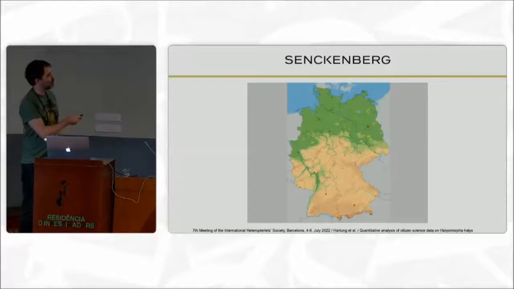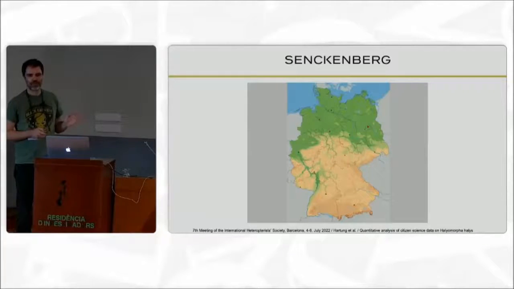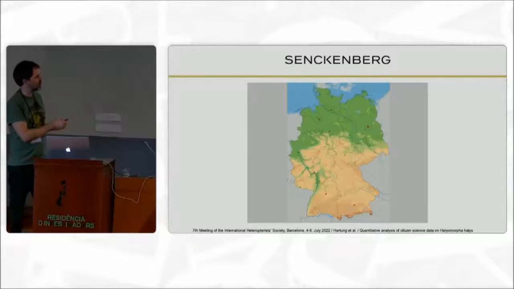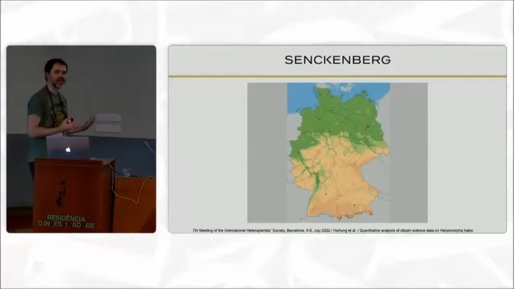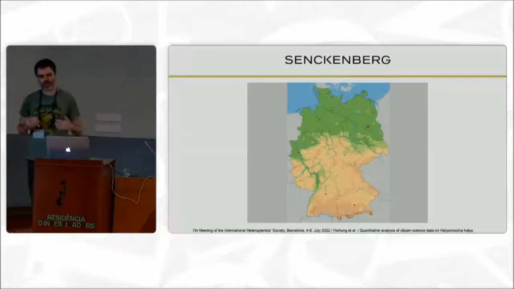And just before we jump in, I wanted to explain the geography of Germany a little bit, because it's going to be important. We're going to be concentrating on these two parts of Germany. These are the provinces of Germany, or so-called federal states. They're very different in many cases. They have different governments as well, but these two, the state of Hesse, where I'm based at the museum in Frankfurt, and the state of Baden-Württemberg, will be especially important because these two are, so to say, the gateway of new invasive species coming to the country.